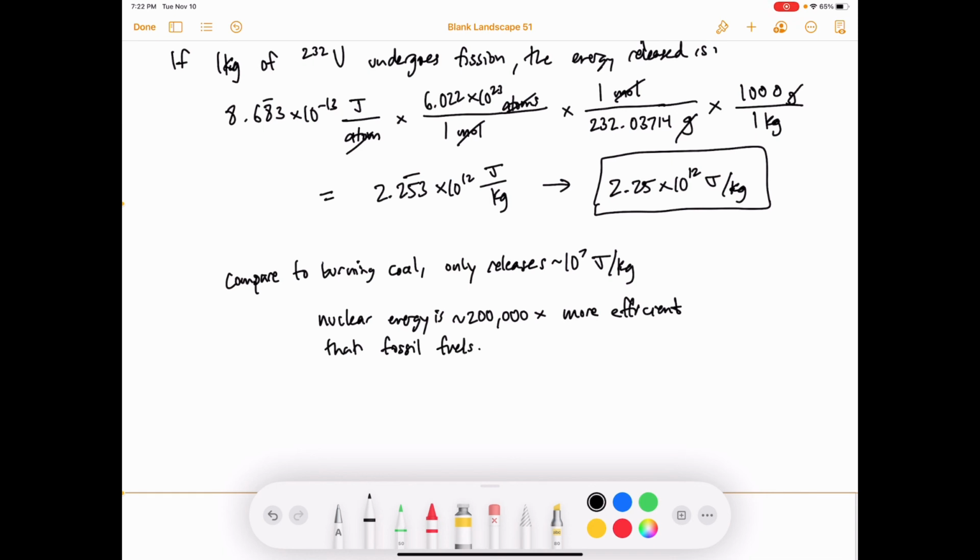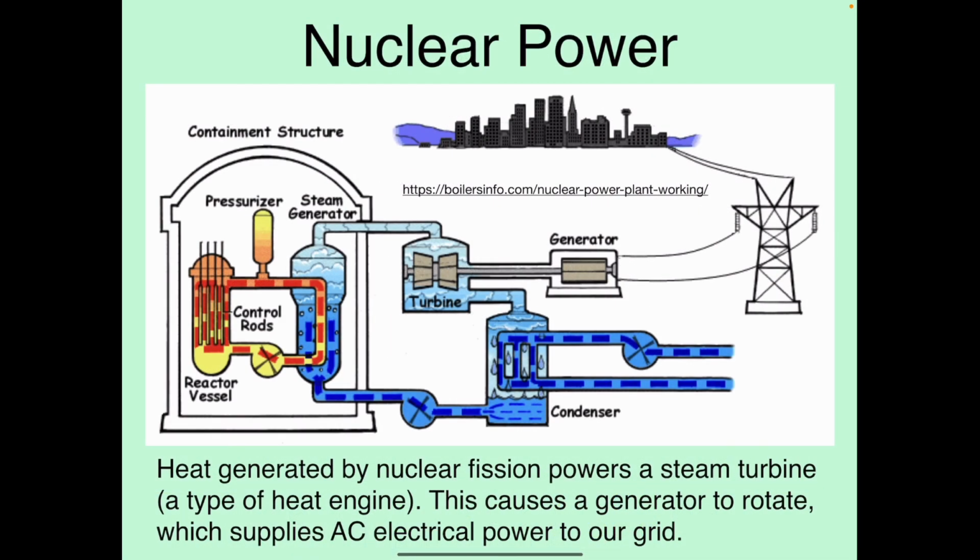In the sense that if we burn a kilogram of fossil fuels, or if we let a kilogram of nuclear material undergo fission, we're going to get about 200,000 times more energy out of the nuclear fuel than the fossil fuel, okay? So I want to give you the basics as to how nuclear power works.